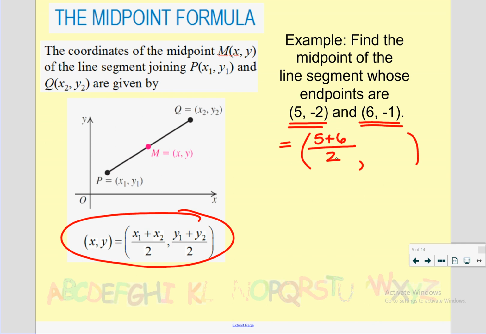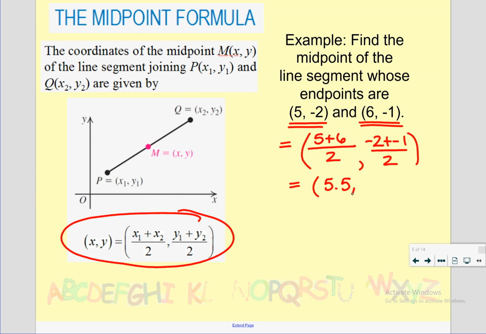And add up my y's. -2 plus -1 over 2. 5 plus 6 over 2 gives me what? 5 plus 6 over 2 is 5.5. You can say 5.5.